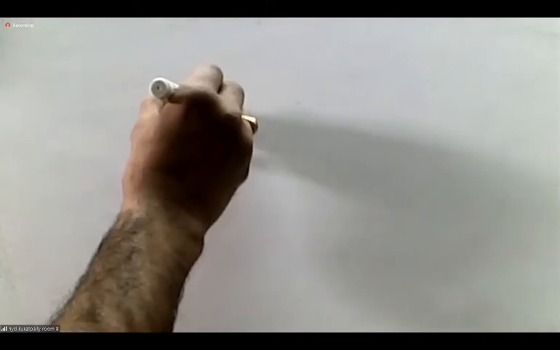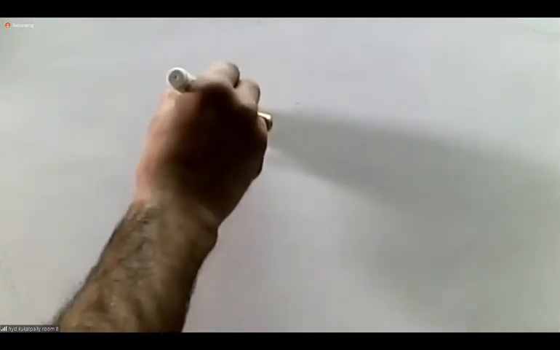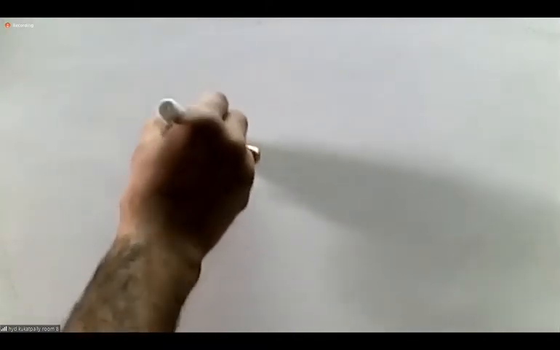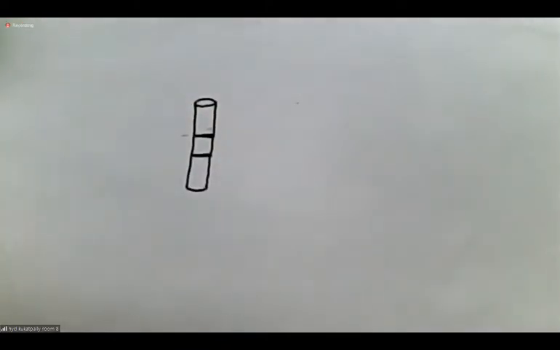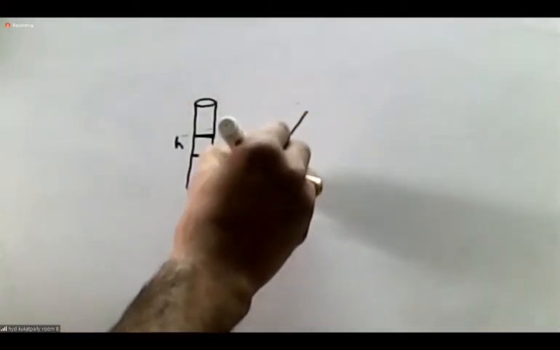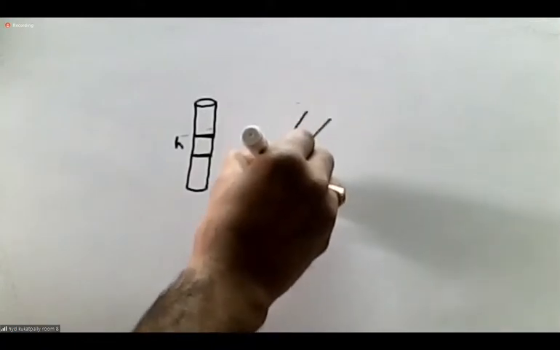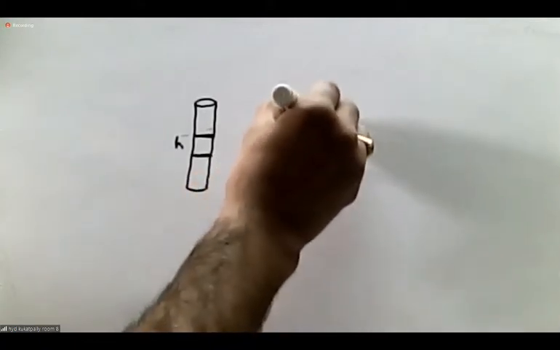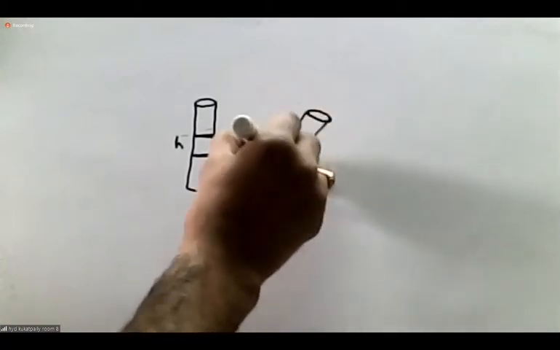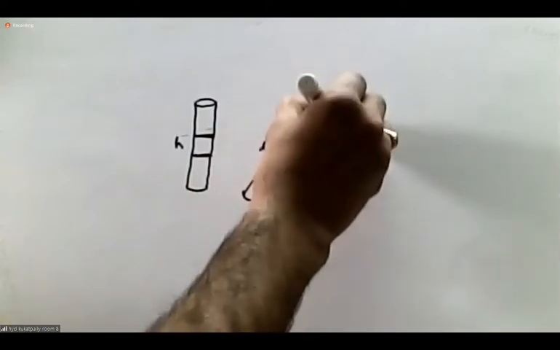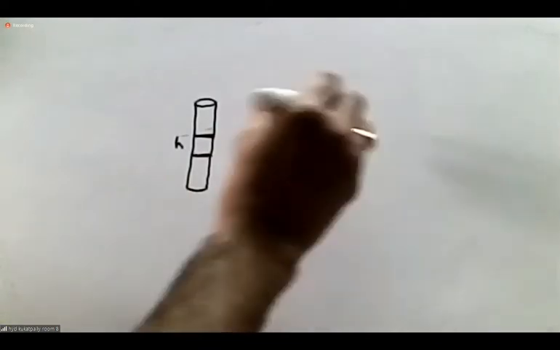Initially, in the capillary, mercury is there up to some height h. Now the pipe is turned like this. This will be h, again h, and the slope here is theta. It is turned through theta.